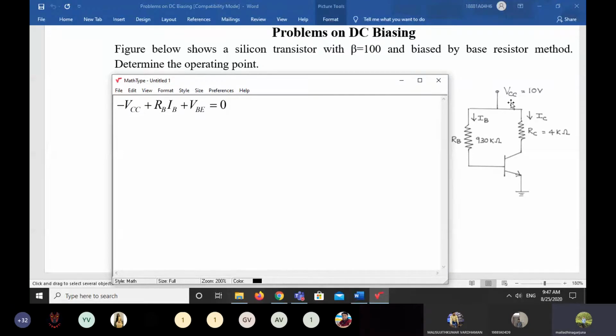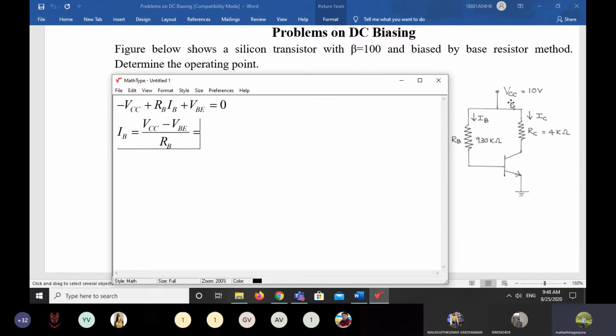Okay, fine. This is the equation: minus VCC plus RB IB plus VBE equal to 0. Here everything is available, so you just write IB equal to VCC minus VBE divided by RB.